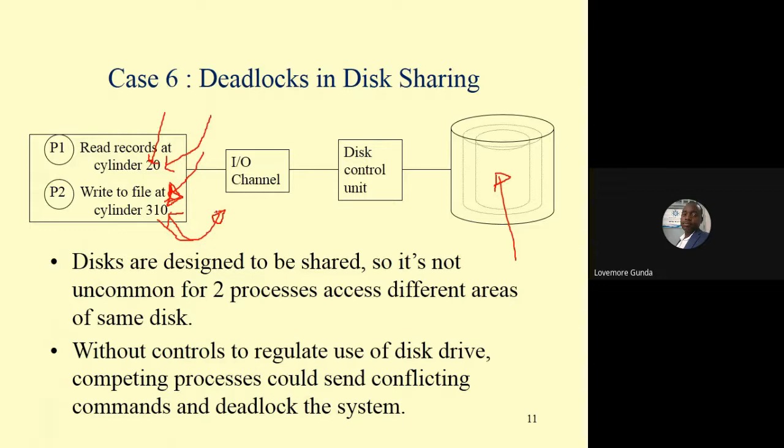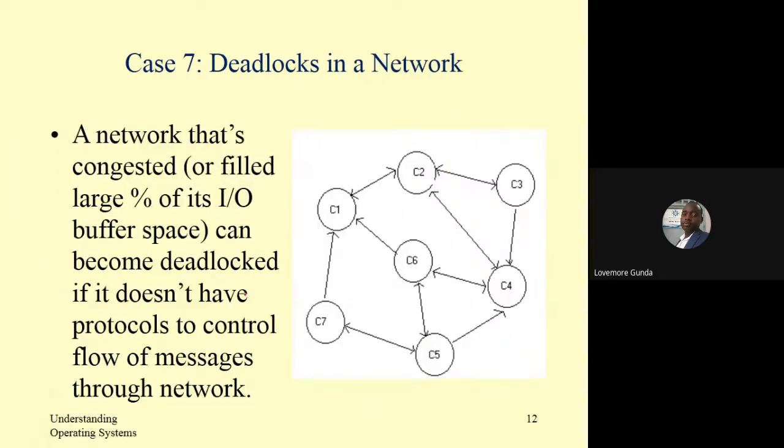So at the end of the day, it cannot complete its writing because it is waiting to write through to another disk. So it will be circulating on this section. Then if that one also is waiting for another process to complete writing on another space so that it can also write there and complete its job, then we'll get into a deadlock when they are sharing the disk.